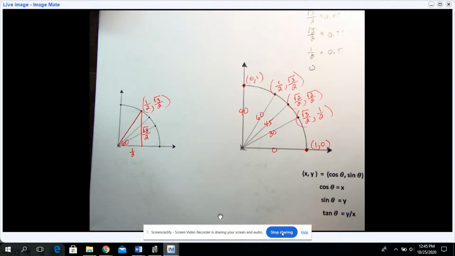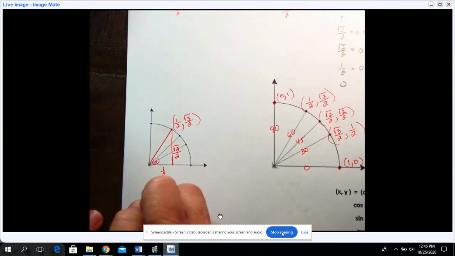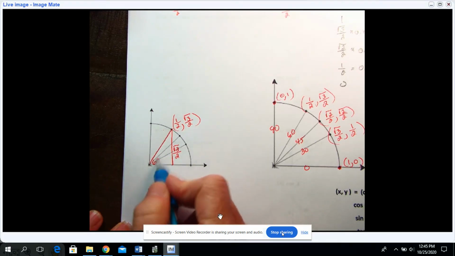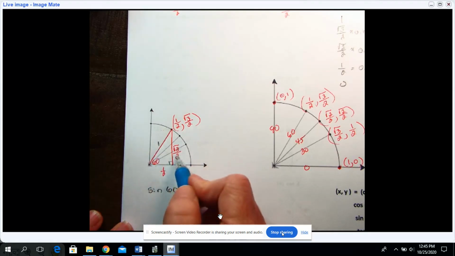So just to show you, right here, if I did the sine of 60 degrees, look, that's the hypotenuse right there, and this would be 1. So the sine of 60 would be the square root of 3 over 2 over 1, so the square root of 3 over 2.